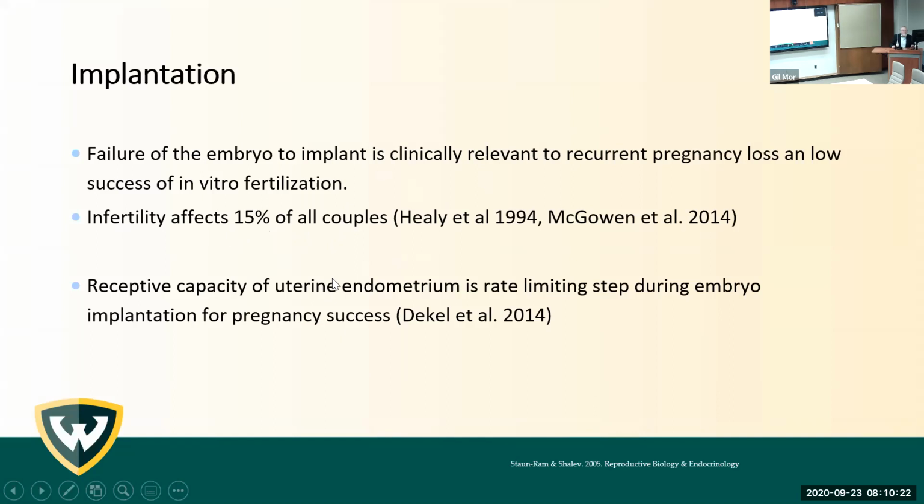So the capacity of the endometrium to receive the embryo is the limiting step during implantation and pregnancy success, especially in those patients who have normal embryos, anatomically normal endometriums, and hormonally they are okay. The problem is the implantation.